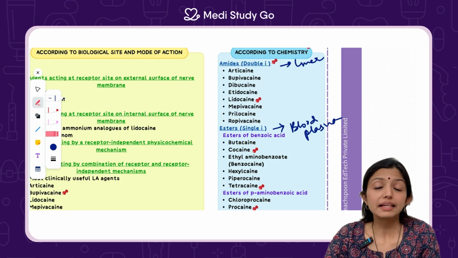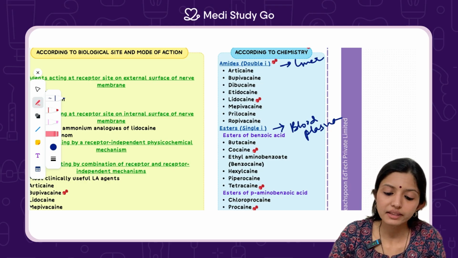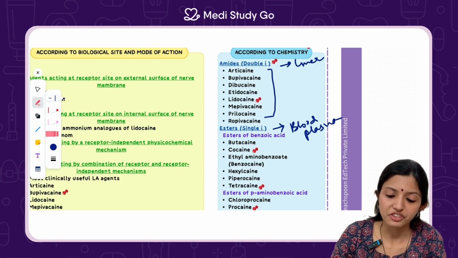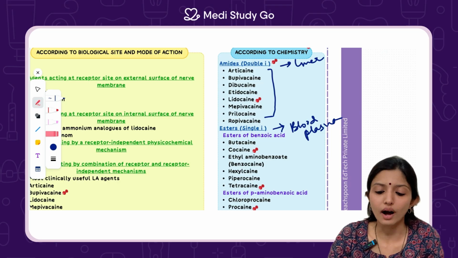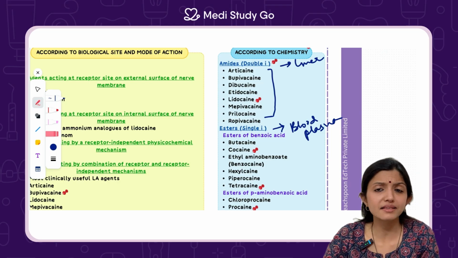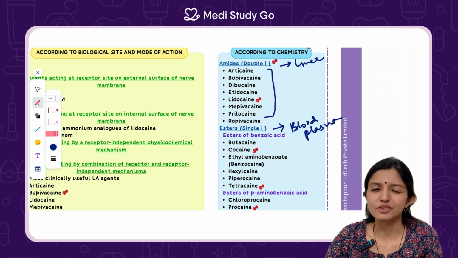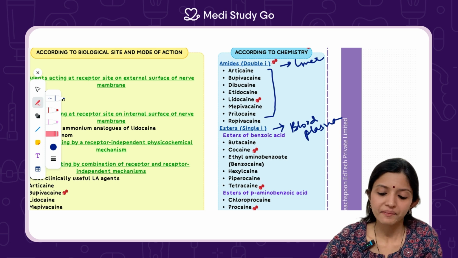So, to easily remember these two categories, all you have to remember is all the amides have double I in their names, such as dibucaine, bupivacaine, articaine, prilocaine, ropivacaine. There are two I's. Esters, on the other hand, have a single I. So, this is the small trick to remember the classification of esters and amides.